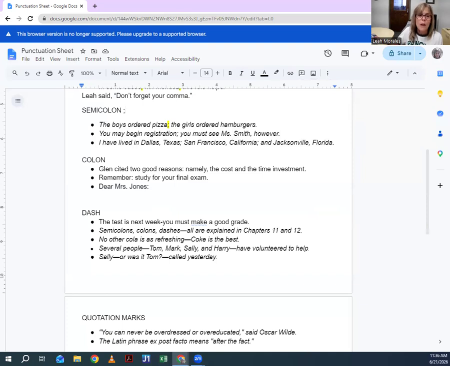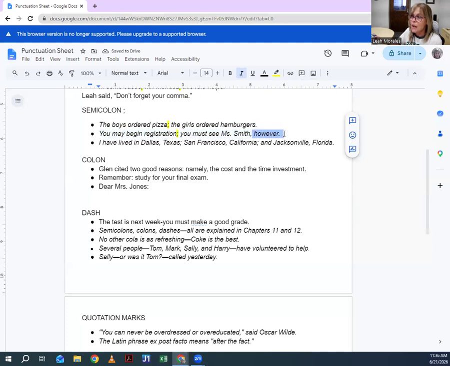You may also place a semicolon before a second independent clause starting with a conjunctive adverb. Keep in mind that the transition word isn't always the very first word in the second clause, okay? You may begin registration, semicolon. You must see Mrs. Smith, however, okay?